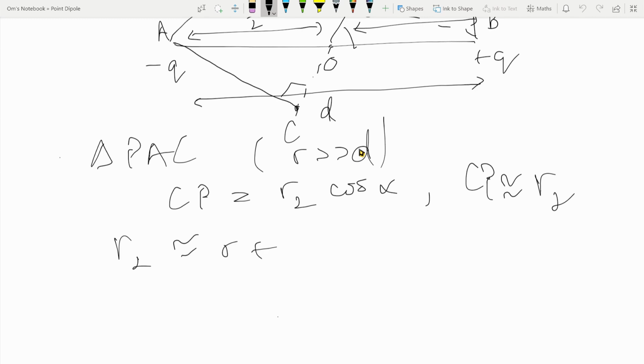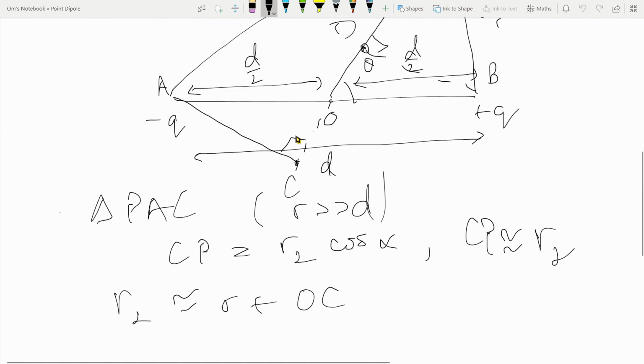But what is the value of OC? Now from the figure, we can see that there is a right angle triangle, suppose triangle OAC, and over here d by 2 is the hypotenuse. If you look closely, you can see that the angle theta over here is due to vertically opposite angles, and cos theta would be equal to OC, that is what we want, divided by the hypotenuse, that is d by 2.